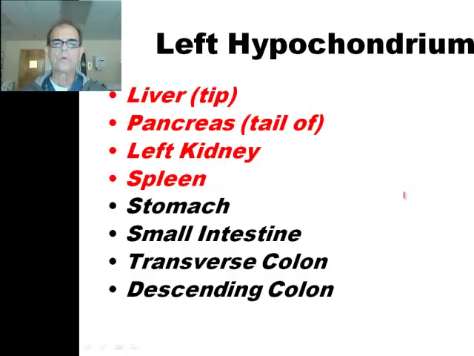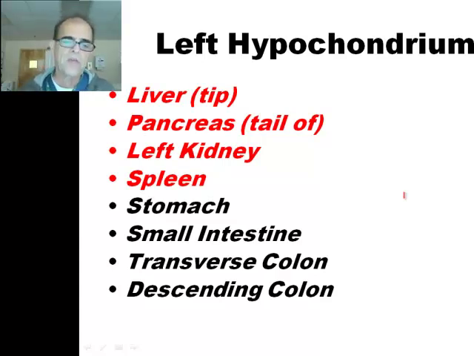Left hypochondrium: a little part of the liver, a part of the pancreas that is not the easy part to scan because the shadow of the colon interferes with the image, the left kidney that is scanned from the left coronal plane, and the spleen that is the organ that has the majority of the left hypochondrium. But even though it is in the left hypochondrium, the spleen is scanned from the left intercostal space.